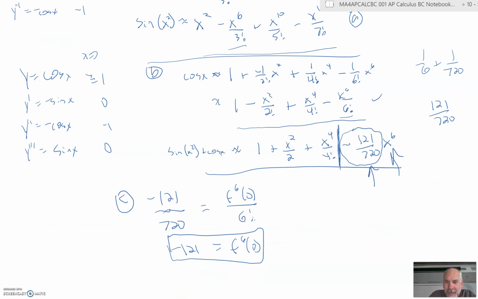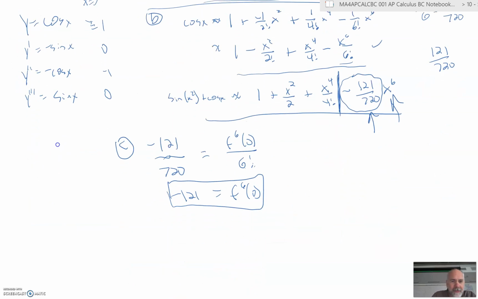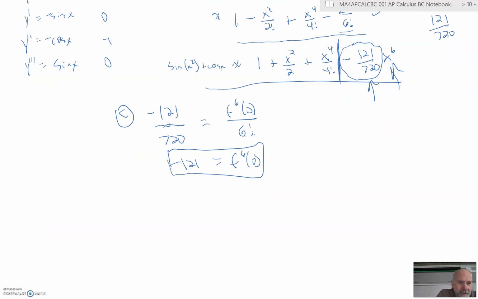Well, we know that if we stop at this 1 plus x squared over 2 plus x to the 4th over 4 factorial, and we stop there, then the next term in a Taylor polynomial is going to be plus f5 of 0 x to the 5th over 5 factorial.